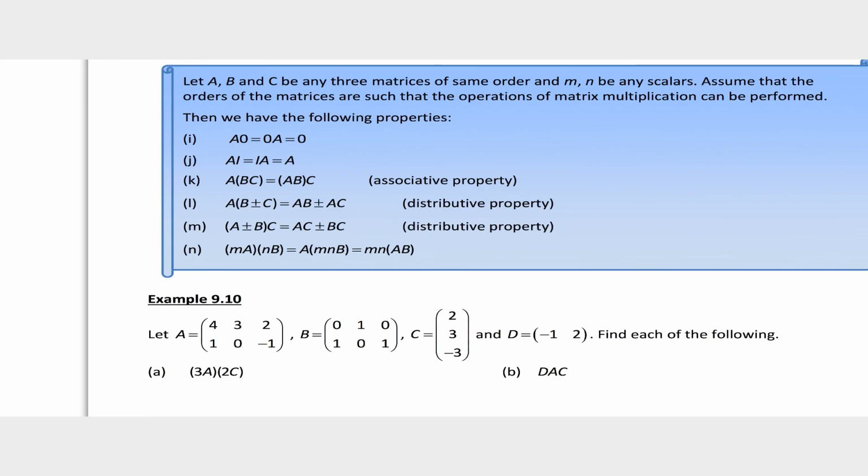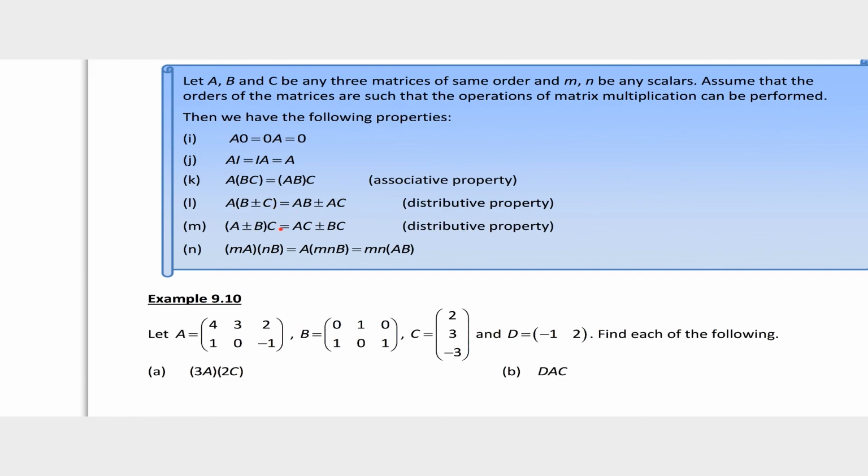Although we cannot change the order, for example, A times C is not equal to C times A, we still have the associative property. That means for A times B times C, we can do A times B first, or B times C first. But for the distributive property, if A is on the left-hand side, if you distribute into the bracket, where A, B, C are matrices, A must be on the left-hand side.